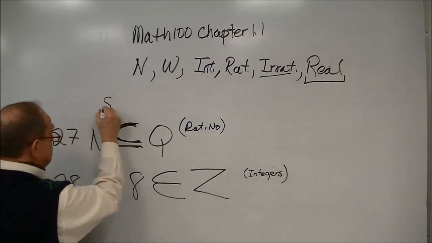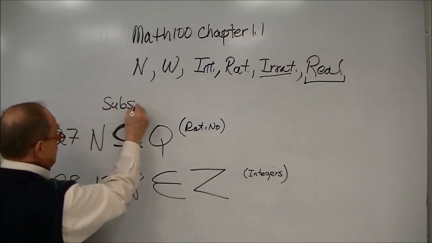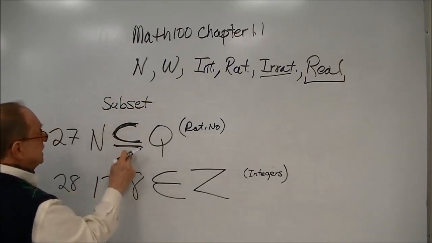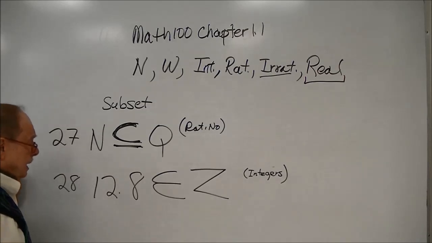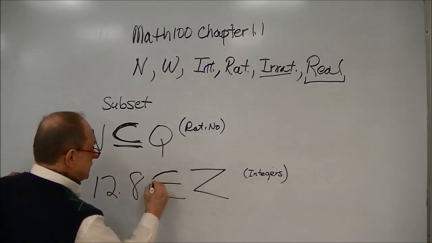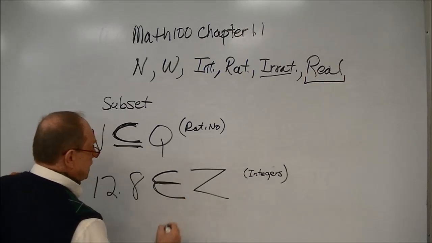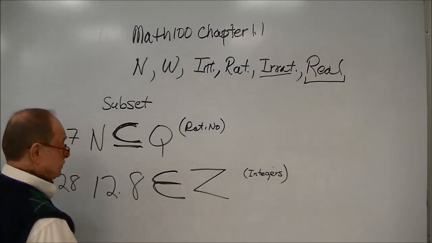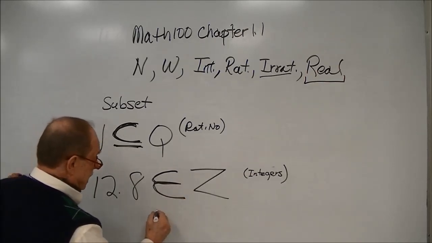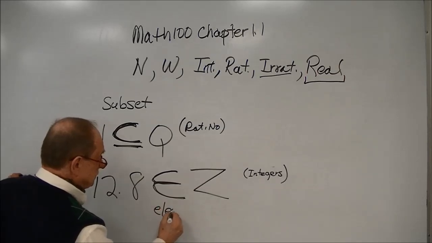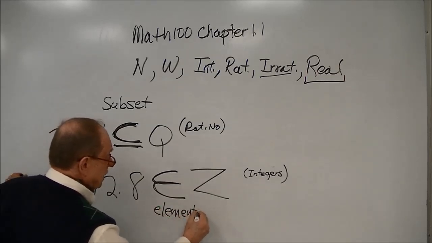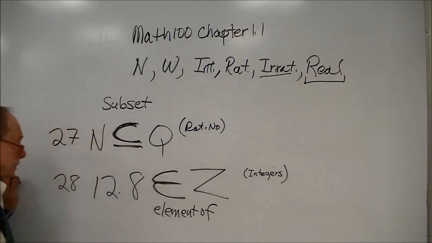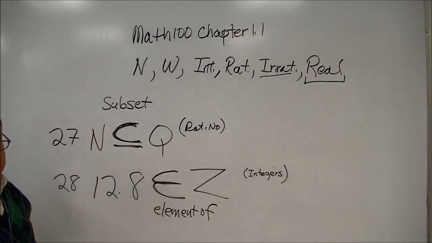This is a subset symbol. And this funny kind of E there is an element of. So this is sort of like a member of a set.